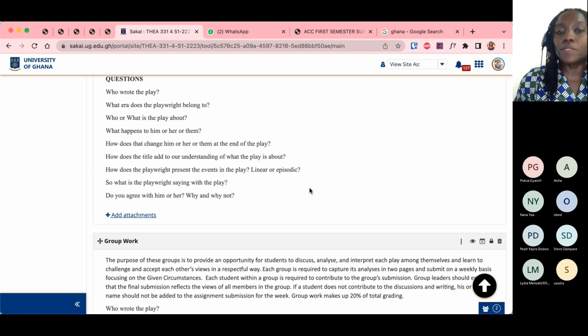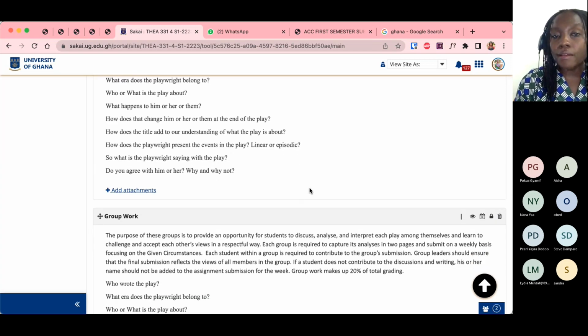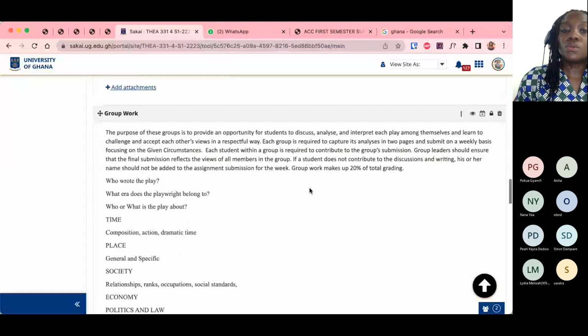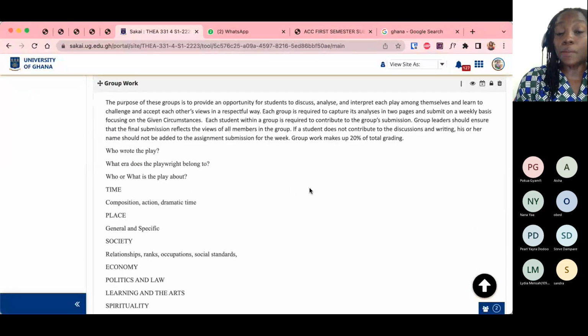How does the playwright present the events in the play, linear or episodic, or any other plot structure? So what is the playwright saying with the play? And then do you agree with him or her? Why or why not? These are just questions to guide your response to the play at the personal level.